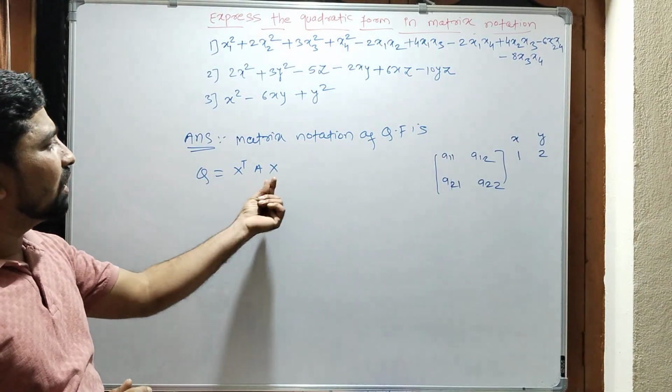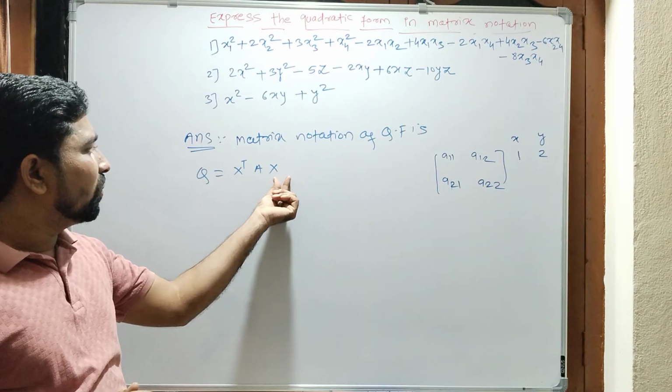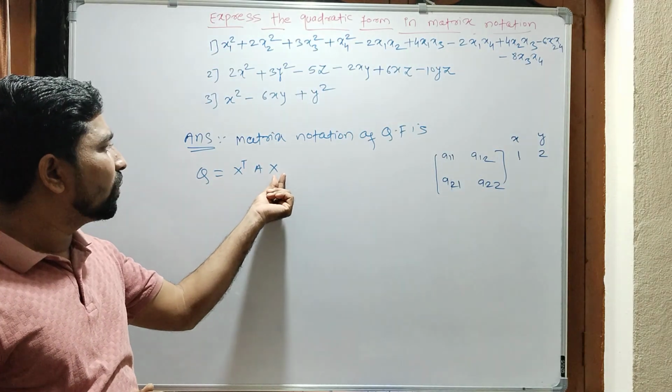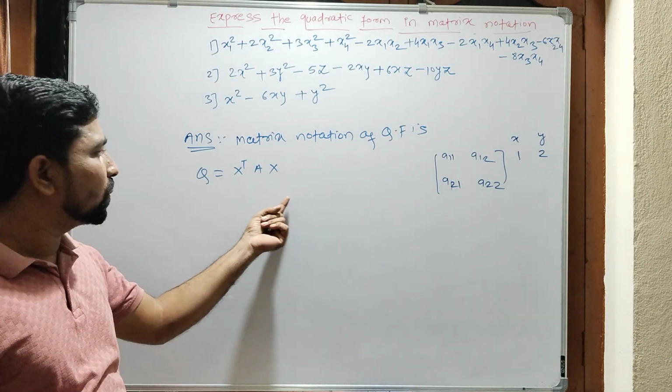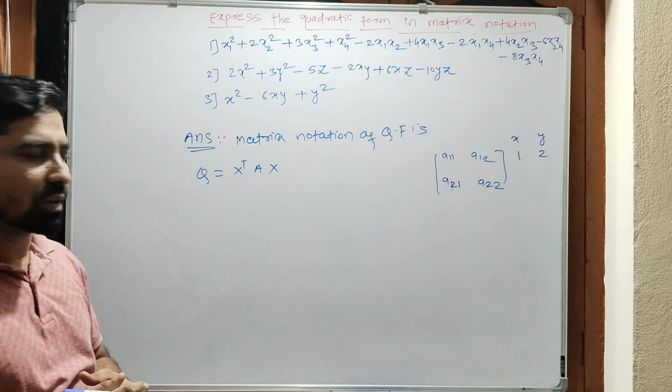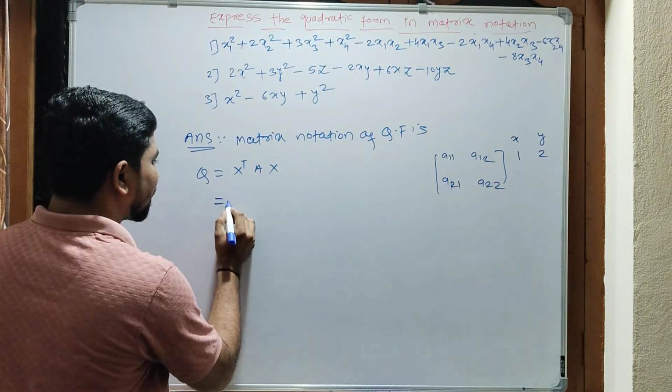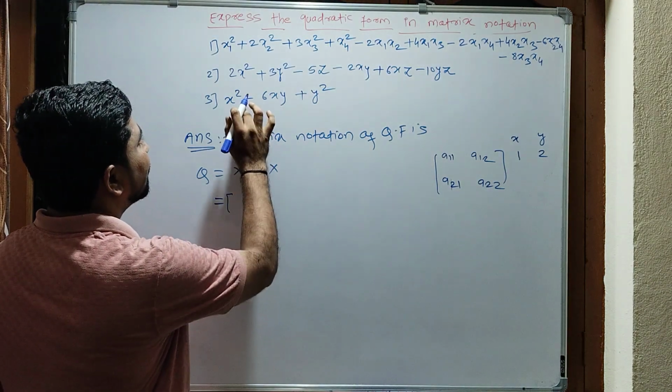Here x is the column vector with coordinates x1 and x2, and x transpose is the row vector. First I will write x transpose, in terms of x and y.